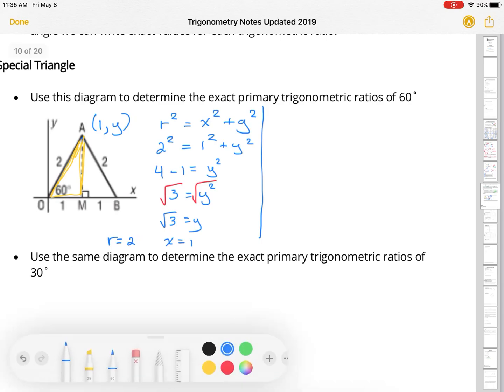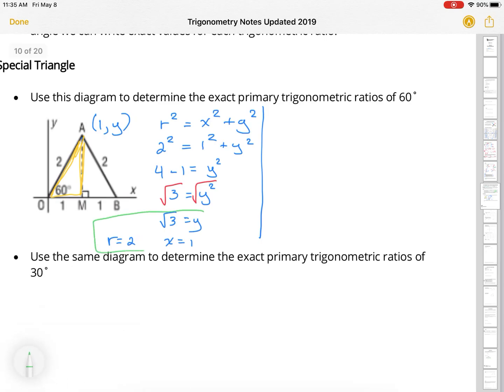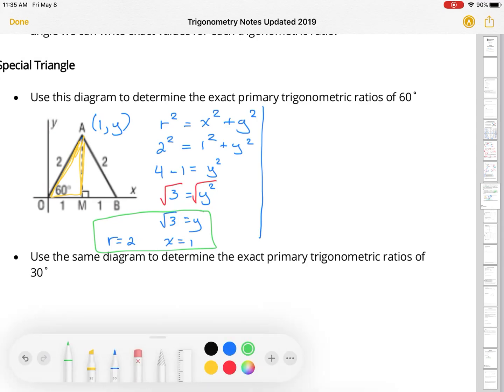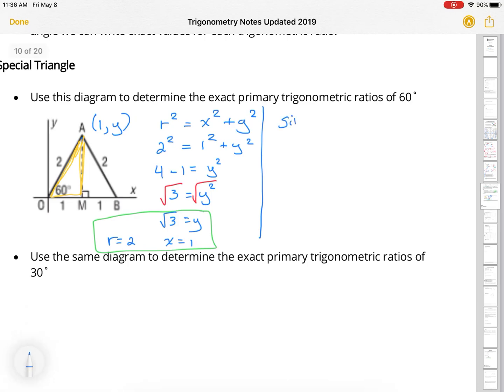Okay, so now we have all three of our values. We know that r equals 2, x equals 1, and y equals root 3. So we have all three sides of our triangle, and we're going to figure out the exact primary trig ratios for 60 degrees.